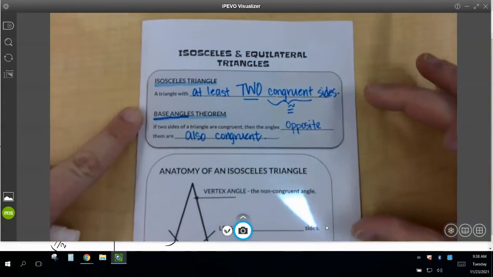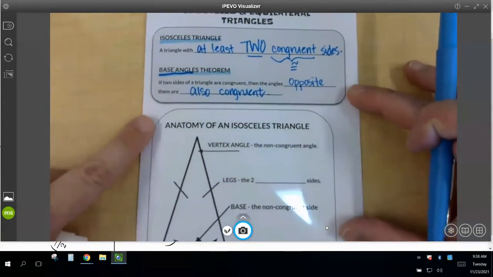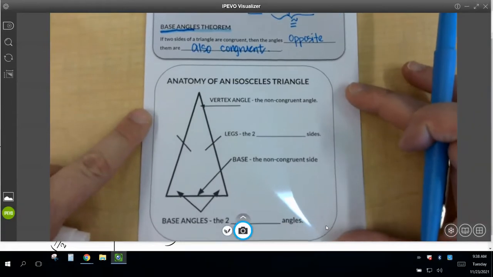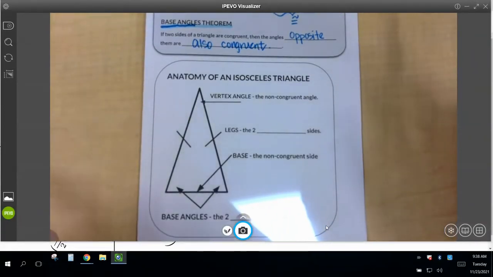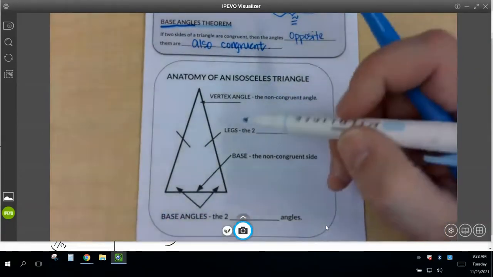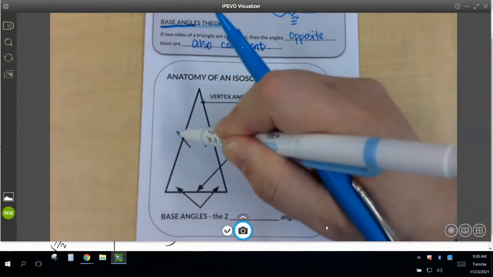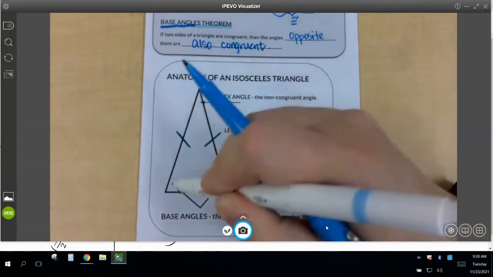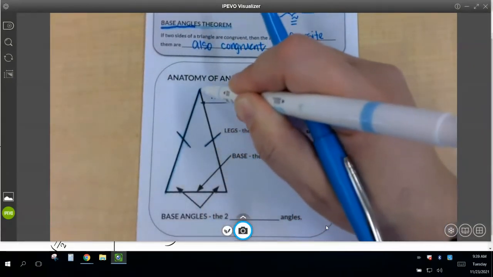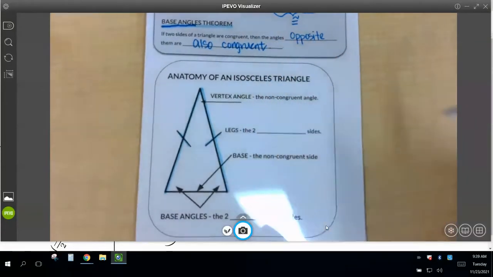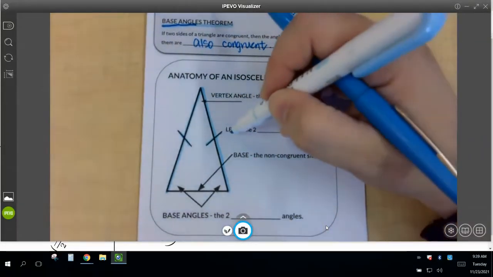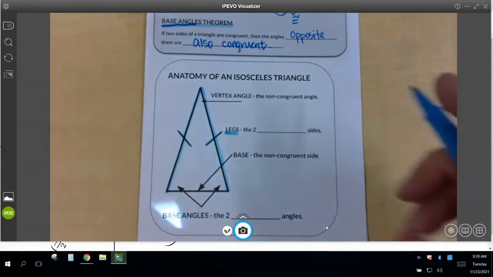So if we take a look down here, we have the anatomy of an isosceles triangle, all the different parts and what they're called. This triangle is isosceles because you'll see here that we have these markings that say that this side here is congruent to this side. The sides that are congruent to each other are called the legs.